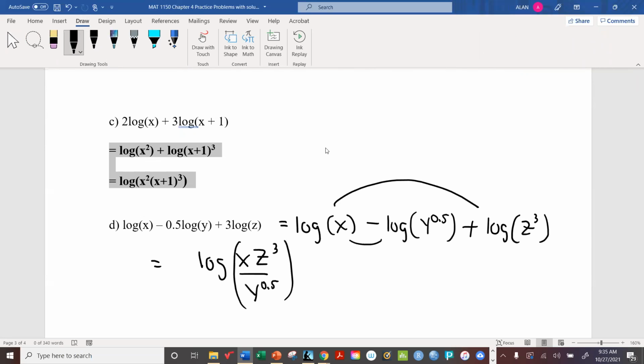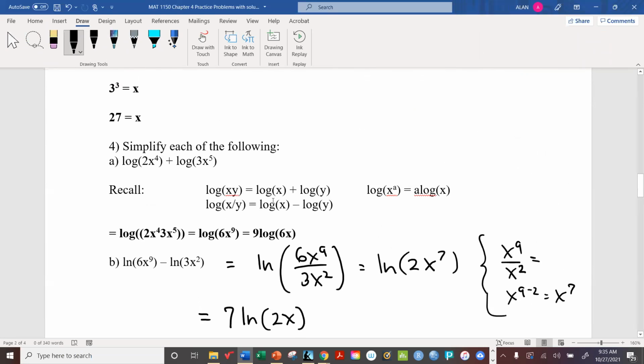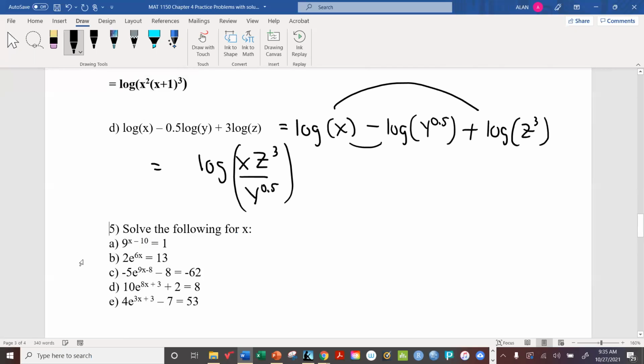So I'm basically reversing these two rules right here. The two that are added go in the numerator. The one that's being subtracted goes in the denominator. All right, so that one was a little tricky, but we did it.